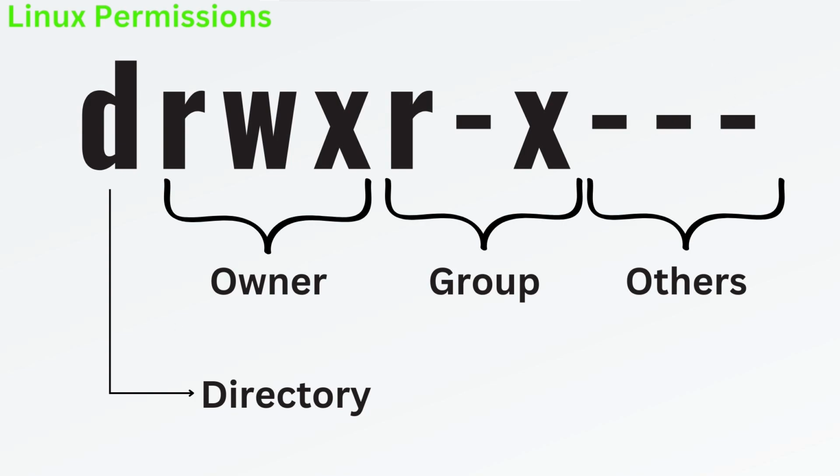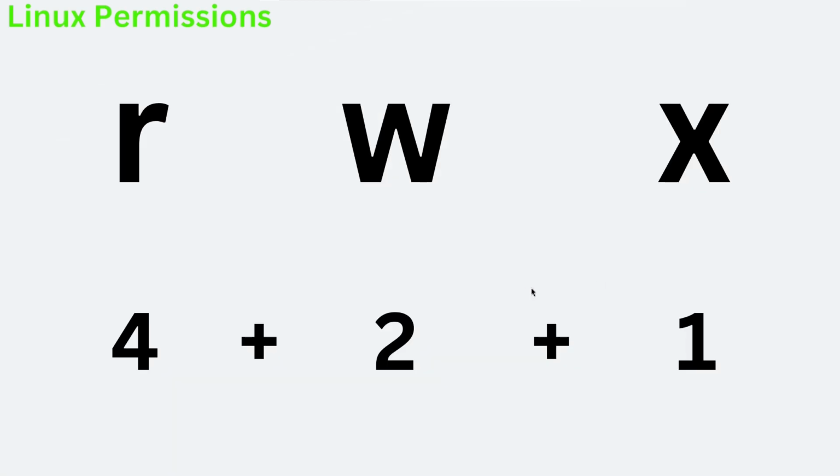However, permissions can also be represented numerically using octal numbers, like so. The number 4 stands for read, the number 2 stands for write, and the number 1 stands for execute. So when we have a file with the permissions R, W, and X, numerically these permissions are represented by a 7 because 4 plus 2 plus 1 is 7.